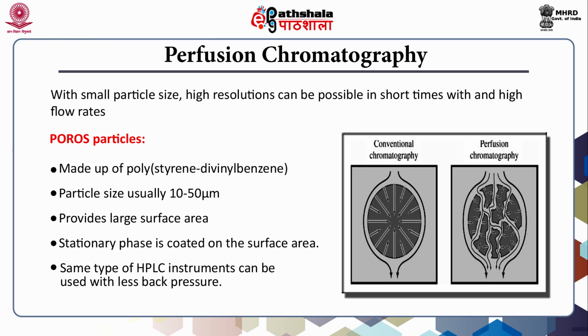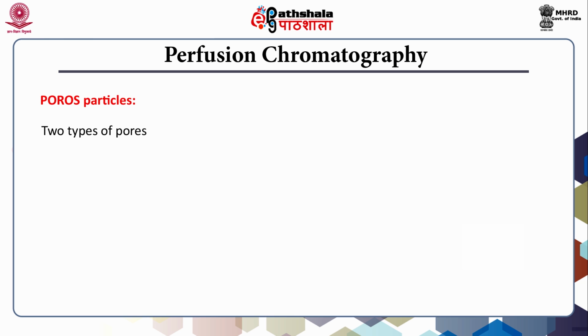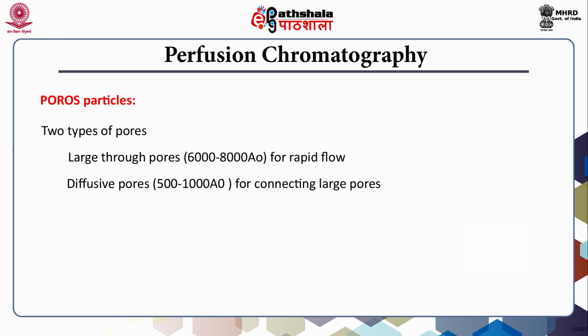How can we obtain high resolutions with high flow rate? Before going to those details, let us see what kind of pores are present in the porous particles in the next slide. There are two types of pores present in the porous particles. One is called large through pores for rapid flow, and another is diffusive pores for connecting the large pores.